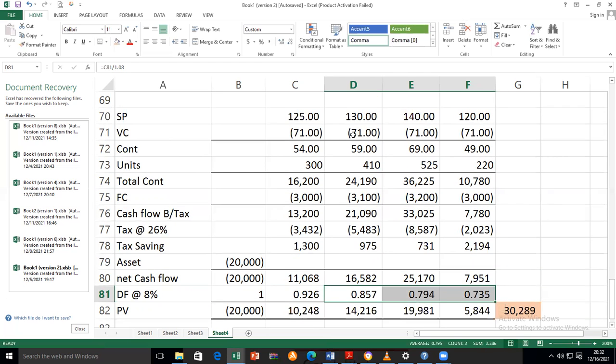So this is what was expected. In real terms, don't inflate the cash flows, and also don't inflate the discount rate.